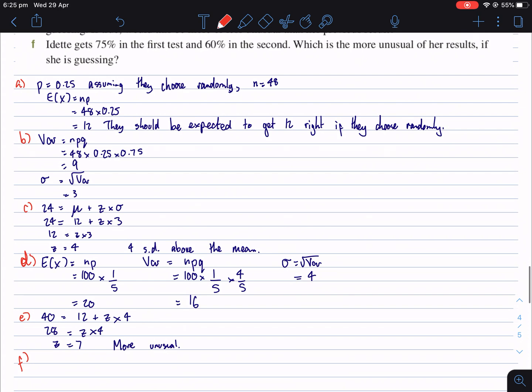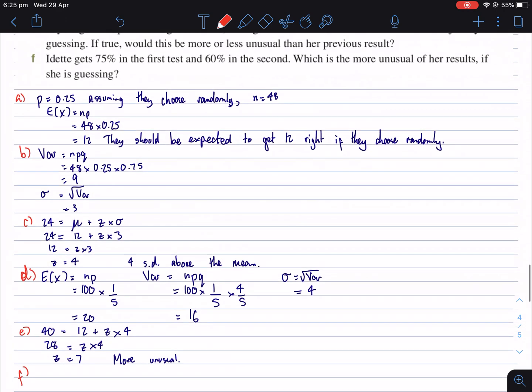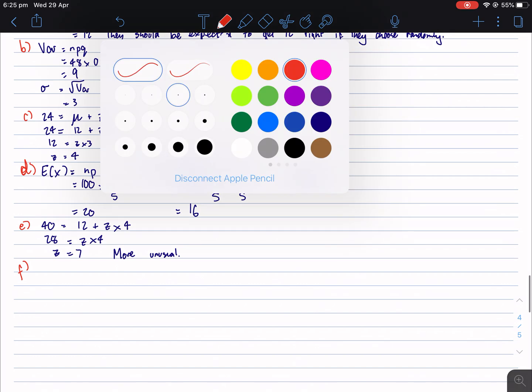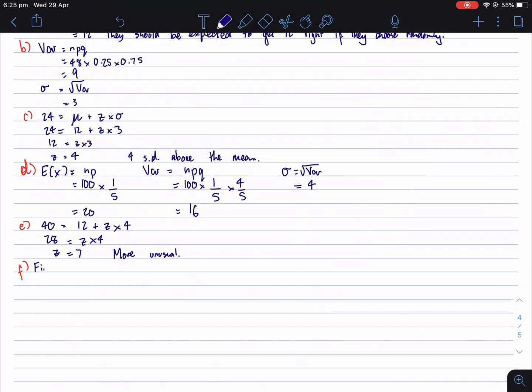And F, I did get 75% in the first test, 60% in the second. What's more unusual of her results if she's guessing? Well, the first test, because if you're guessing, oh, hang on. In the first test, she gets 75%, so 75% of 48 equals 12 plus z times 3.